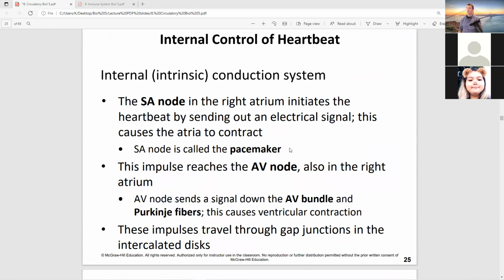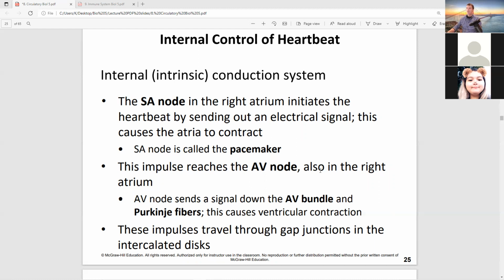Okay, so there's internal control of the heartbeat. So the internal conduction system. This is through the SA node in the right atrium, which initiates the heartbeat by sending out an electrical signal. This causes the atria to contract. The SA node is also called the pacemaker. So this impulse reaches the AV node, also in the right atrium.